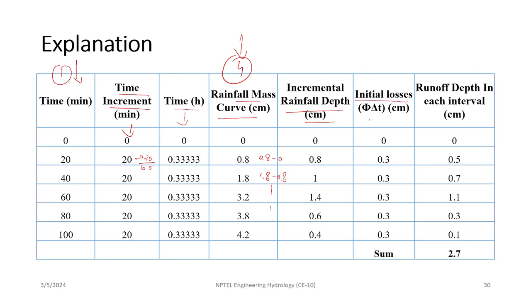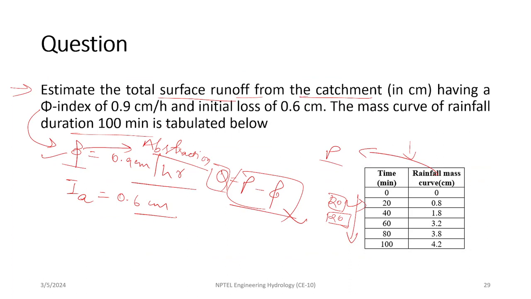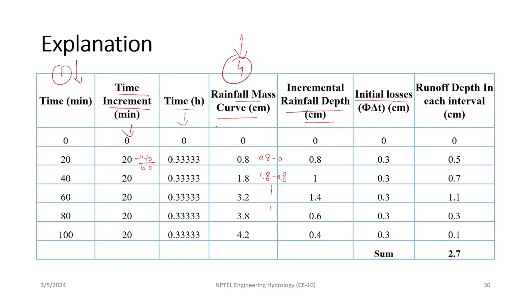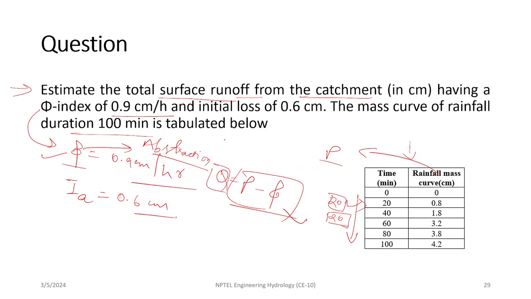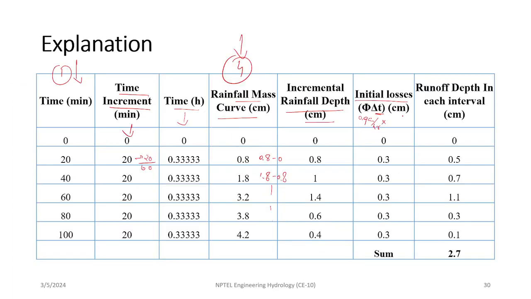Now, the phi value, how much was it given? 0.9 centimeter per hour. Now 0.9 centimeter per hour is multiplied by delta t. The data is for 100 minutes, but it will be divided into different intervals.